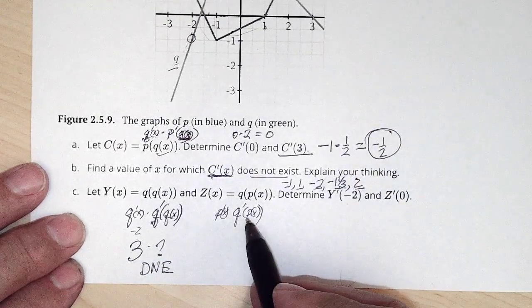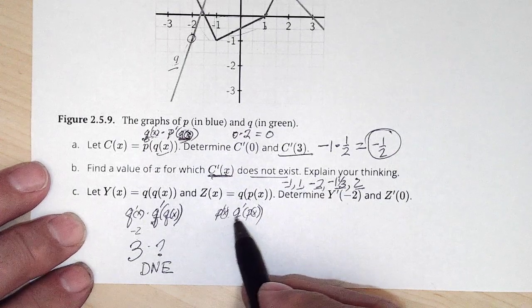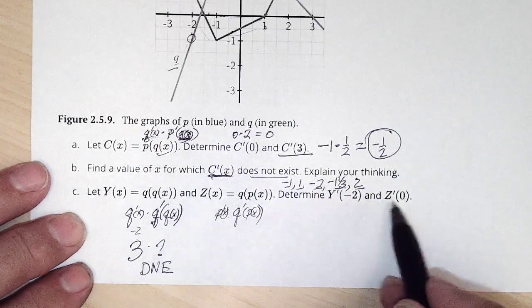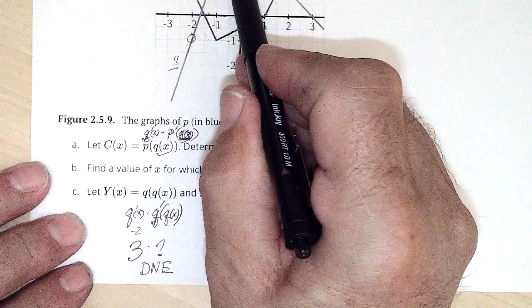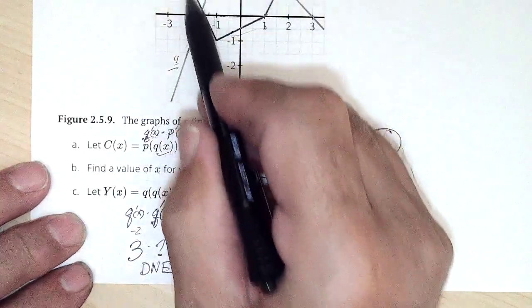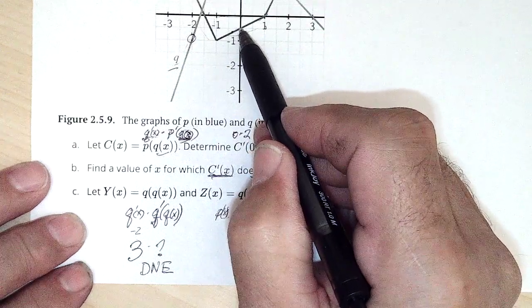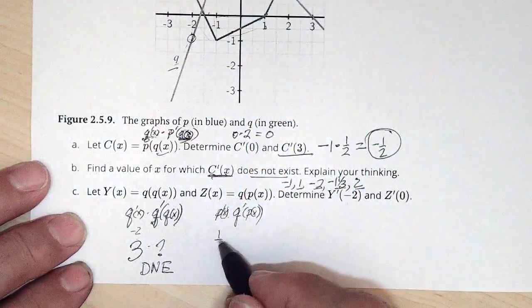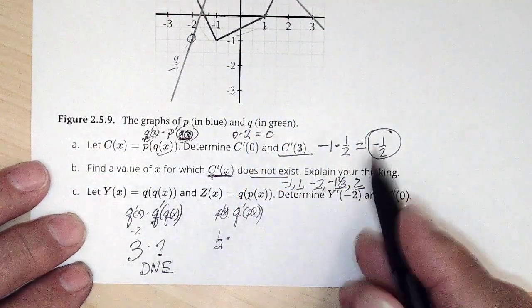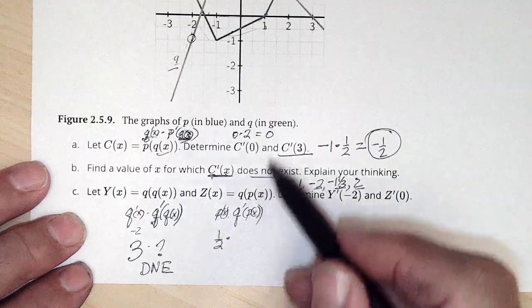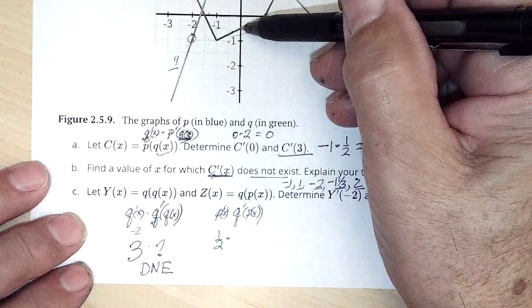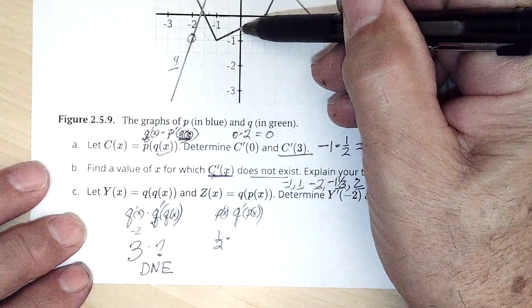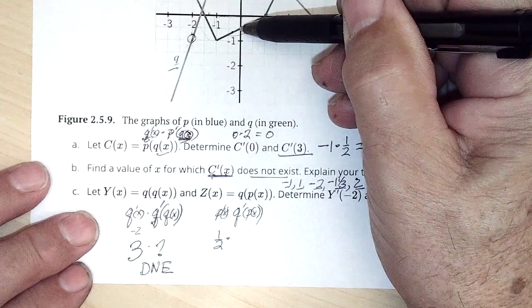Now let's do P prime at 0. The slope of P at 0, P is this one, the slope at 0 is 1/2, times, now P of 0, P's value is negative 1/2.